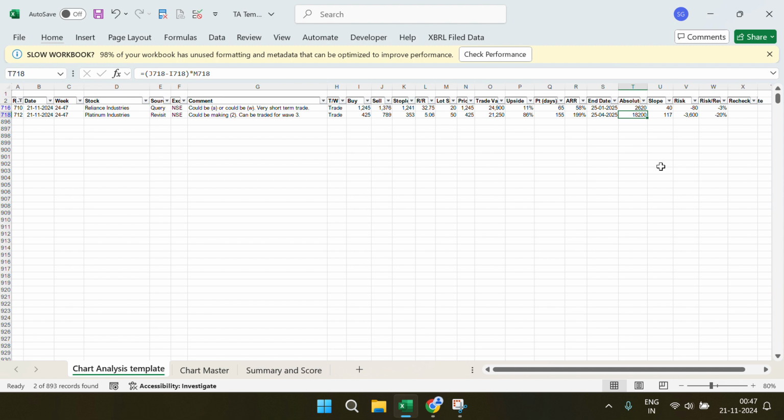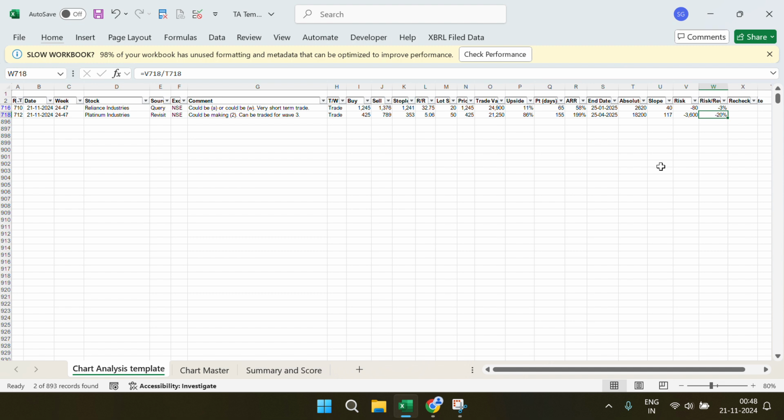Okay. But if the direction goes wrong and if my stop loss is hit, I'm expected to lose 3,600 in this entire trade, which is a riskier trade, which is about 20% of the absolute profit that I may get. So we have two scenarios here now. One is saying that I have a risk potential of only 3% and I may get 2600 here.